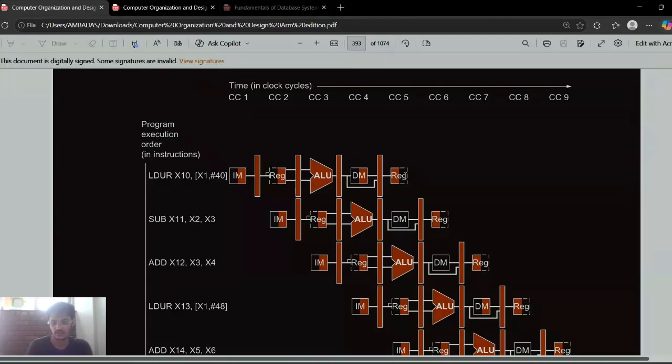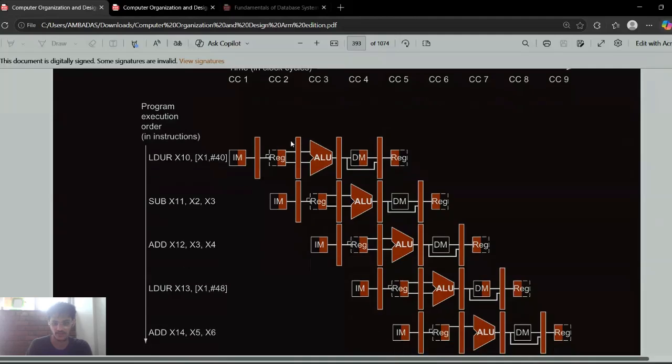If the right hand side is not shaded, it means we are gonna perform a write operation, and if the right hand side is shaded, it means we are gonna perform a read operation. If it's shaded, that means everywhere we are gonna perform read operations.